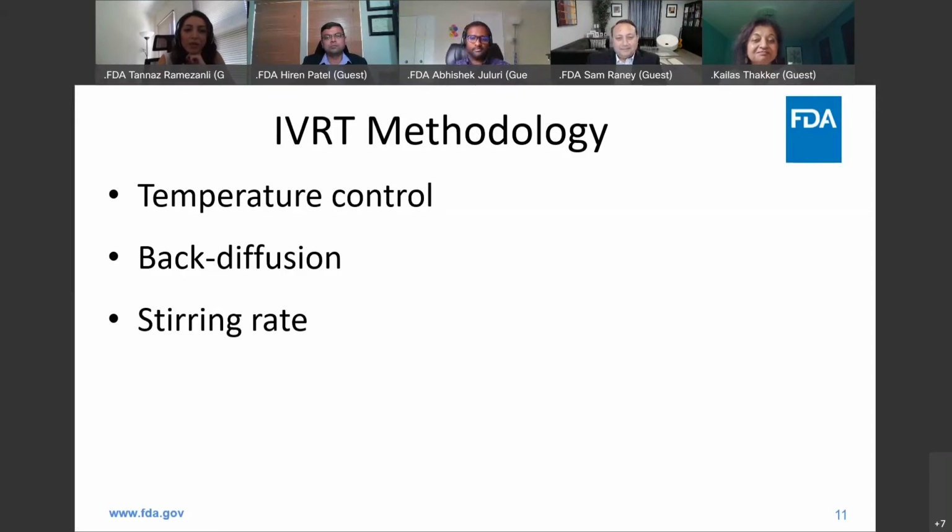So maybe we can clarify that there is no other option when that apparatus is selected in terms of stirring rate, and whether that is acceptable. And then is there a minimum RPM for the stirring rate that should be used, or is this something that should be qualified in terms of the IVRT profile and the release rate?